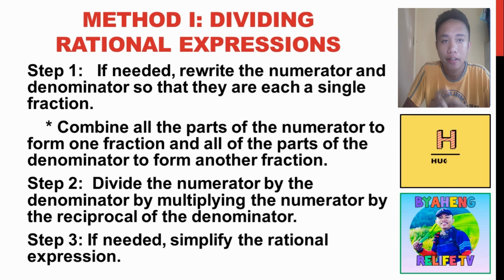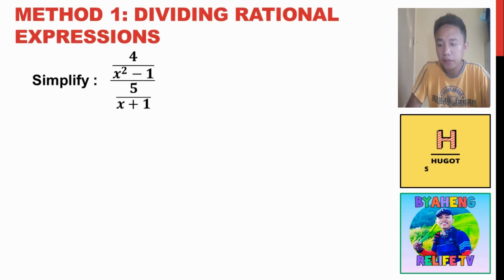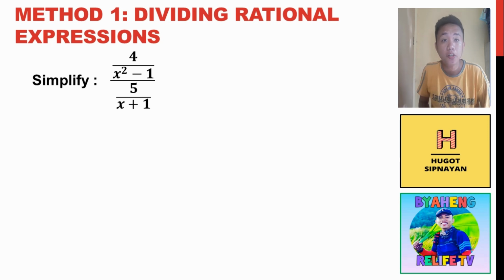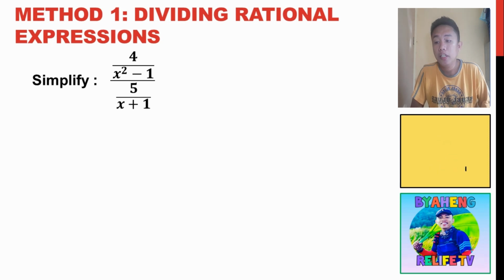Let's have some examples. For the first method, we have 4 all over x squared minus 1, all over 5 all over x plus 1. This is a complex fraction since the numerator and denominator are both in fractional form.